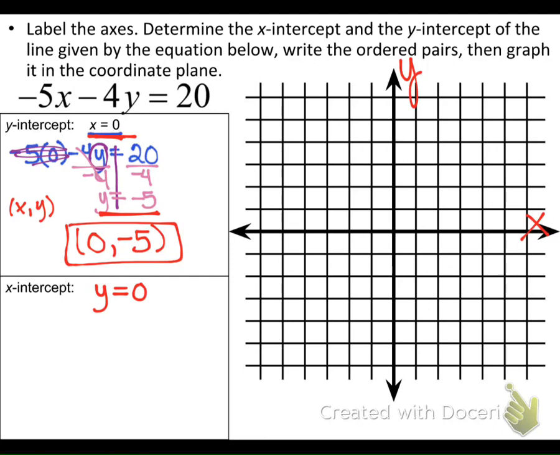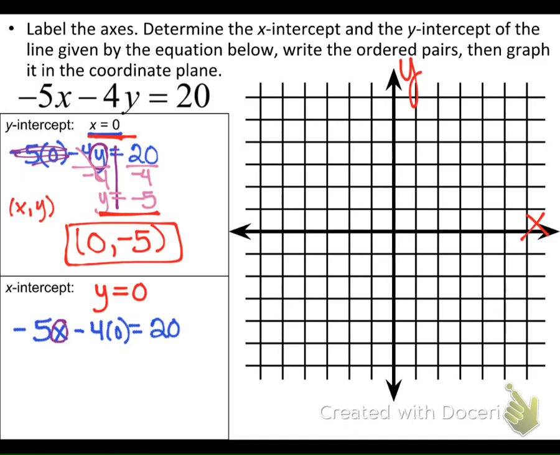So let's determine what our x-intercept is going to be. So this time, I already set y equals 0. I'm going to substitute for y, and that's going to help me determine where the line is going to cross the x-axis. So again, I use the same equation, so I'm going to use negative 5x minus 4 times y, which I'm substituting a 0 for, equals 20.